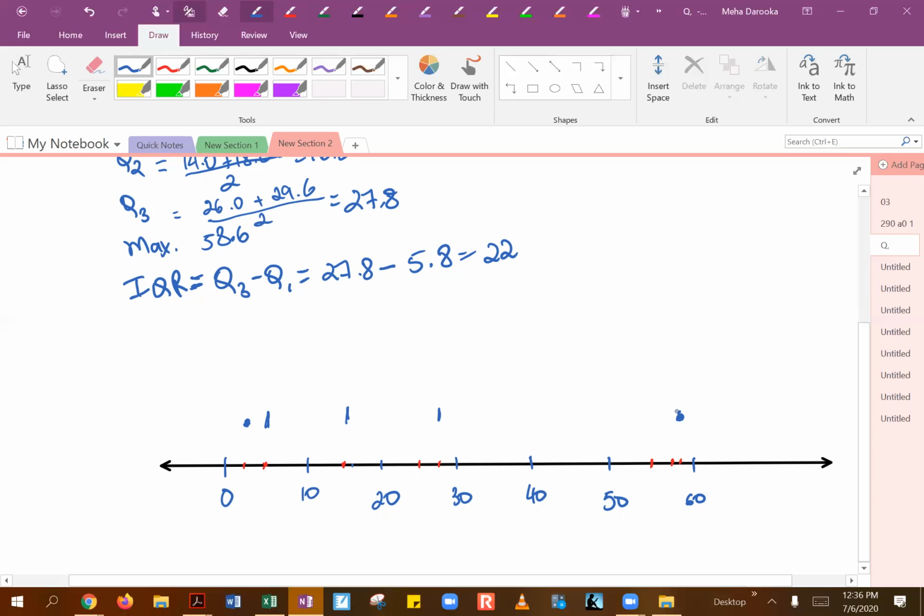So once we have this, and again, it definitely helps to have a nice straight line, we can do a vertical line.